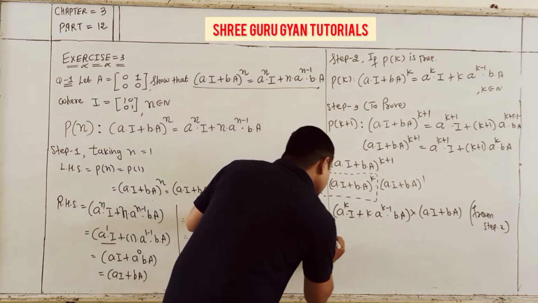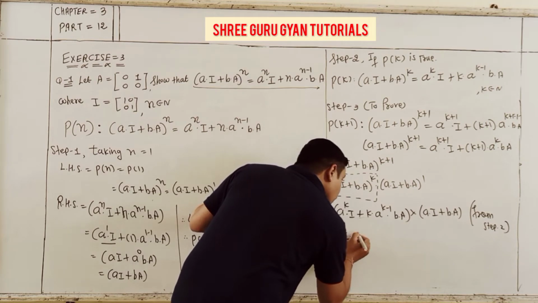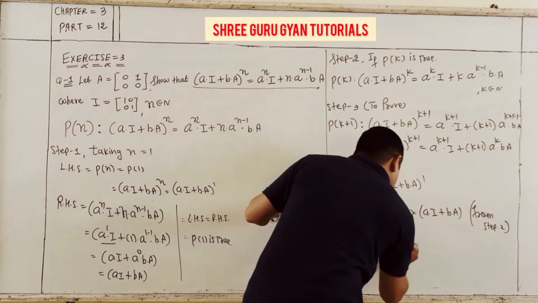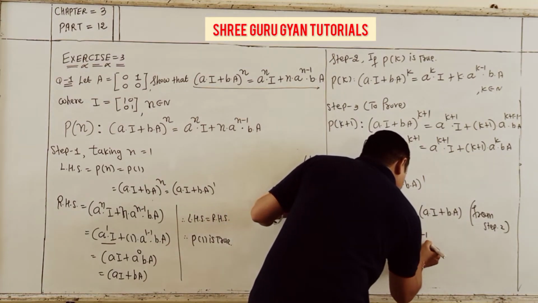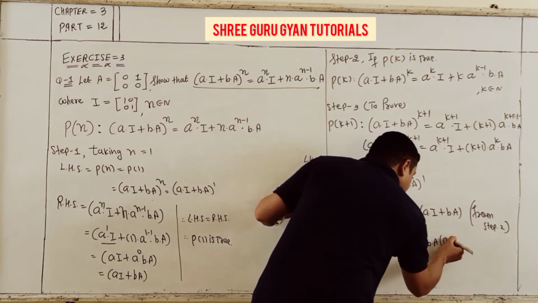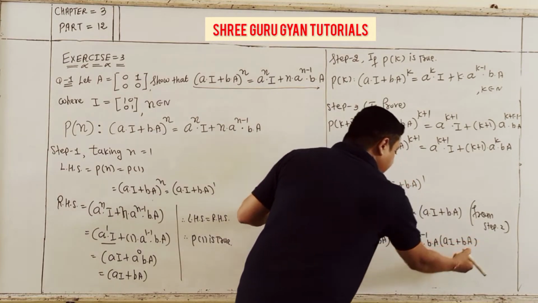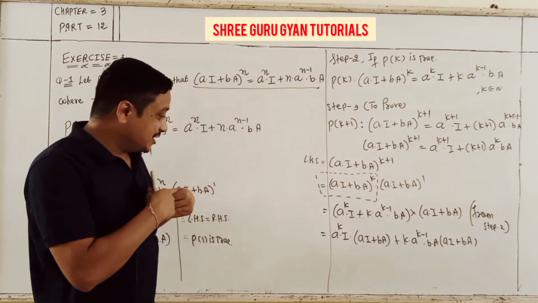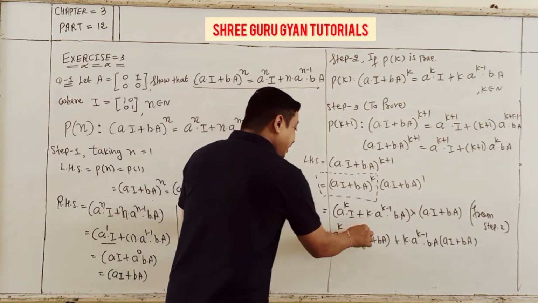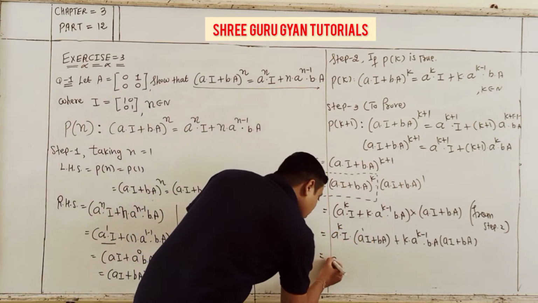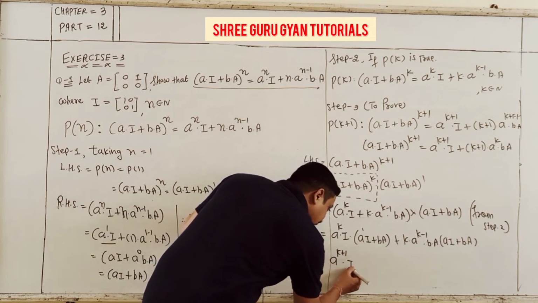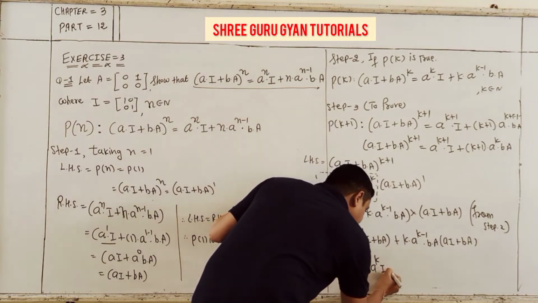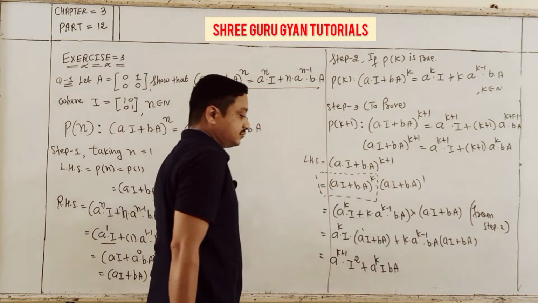So I start with a^k I multiplied with aI + bA, and the same for k a^(k-1) bA with aI + bA, and you slowly multiply each term. Here, definitely the power adds 1, so it should be a^(k+1) I times I, which is I squared, plus a^k I with bA.